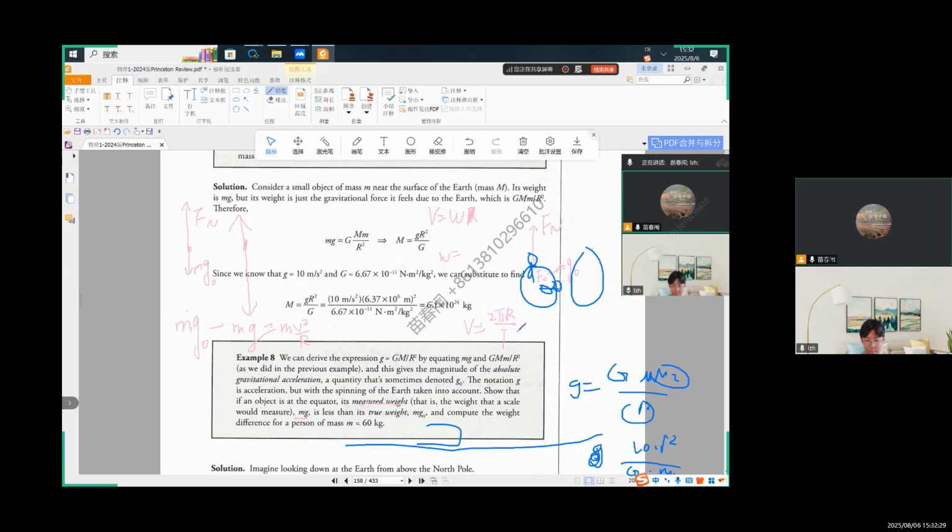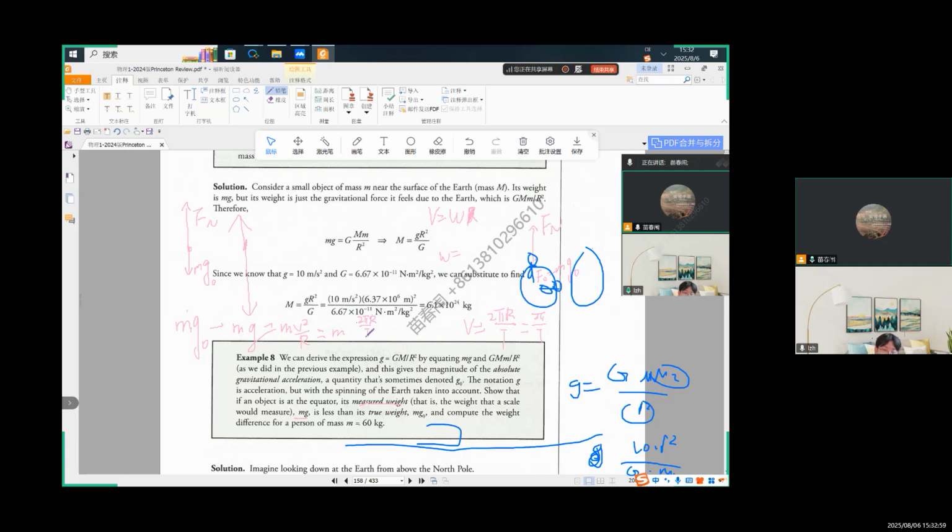See, 2 pi over T is what? It's just omega. But if you don't know that, I can just use velocity. I can use this one, v equals 2 pi r over T, which is velocity, right?